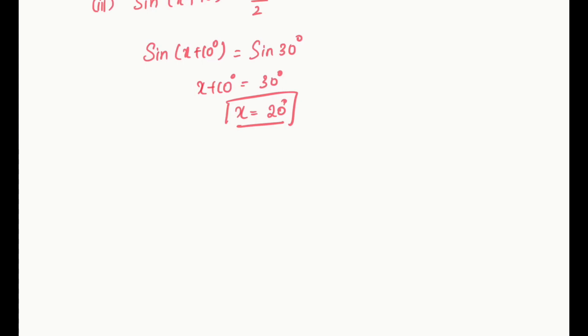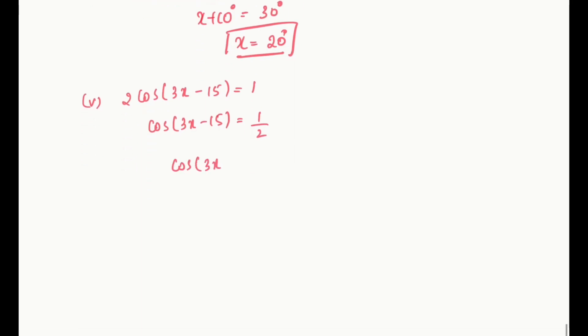Now let me do the fifth question. 2 times cos of 3x minus 15 equals to 1. So I can take it as cos of 3x minus 15 equals to 1 by 2.